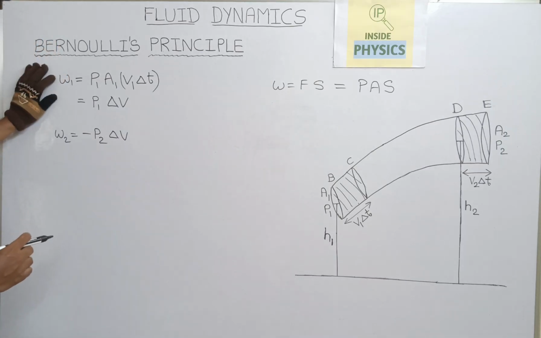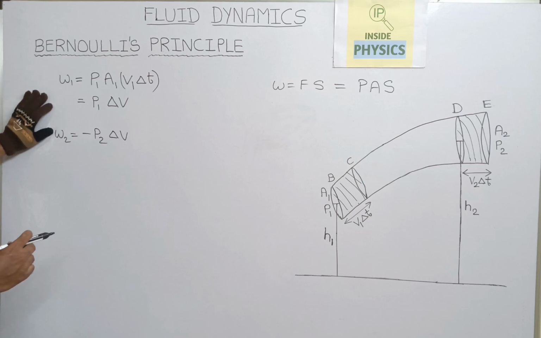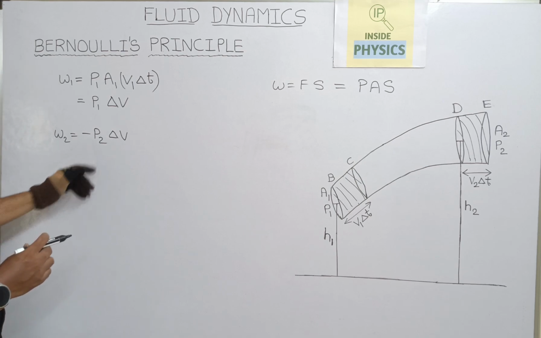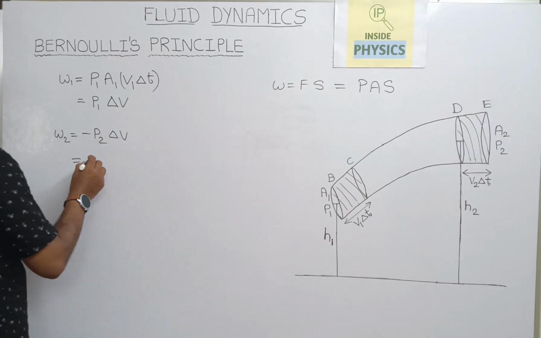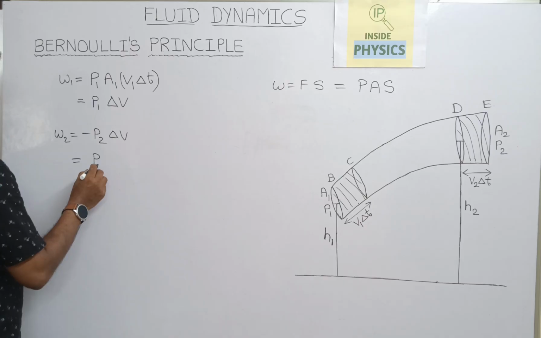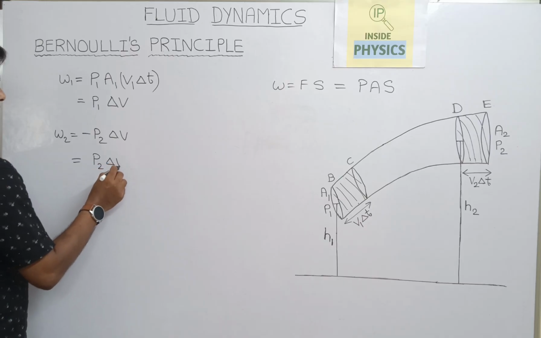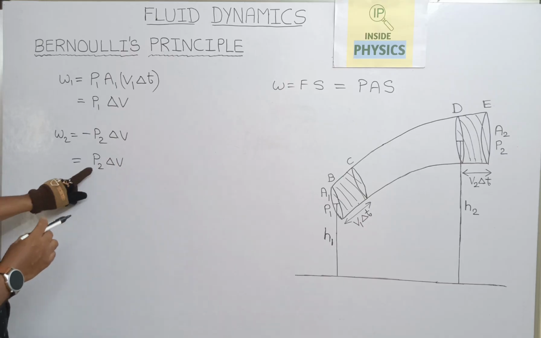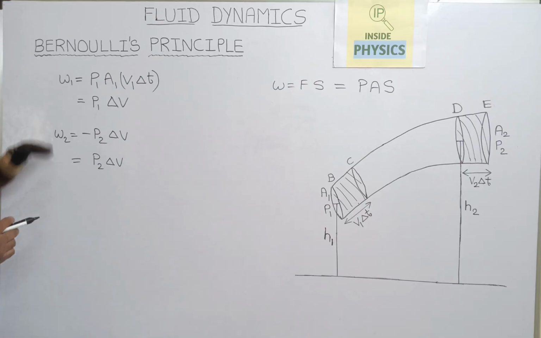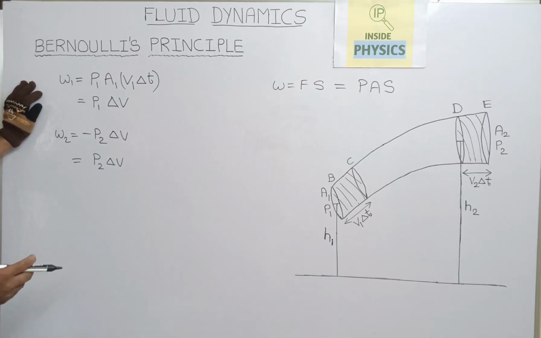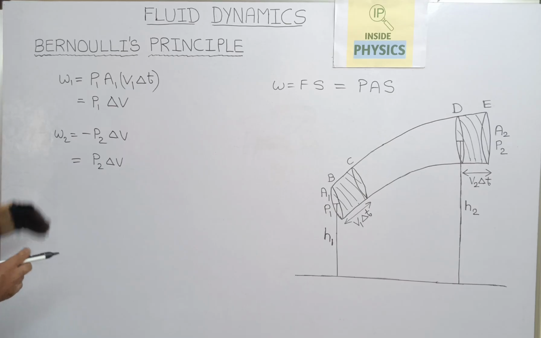This is work done by the fluid, not on the fluid. That's why we got minus here. If you convert this into work done on the fluid, we get this relation as P2 delta V.